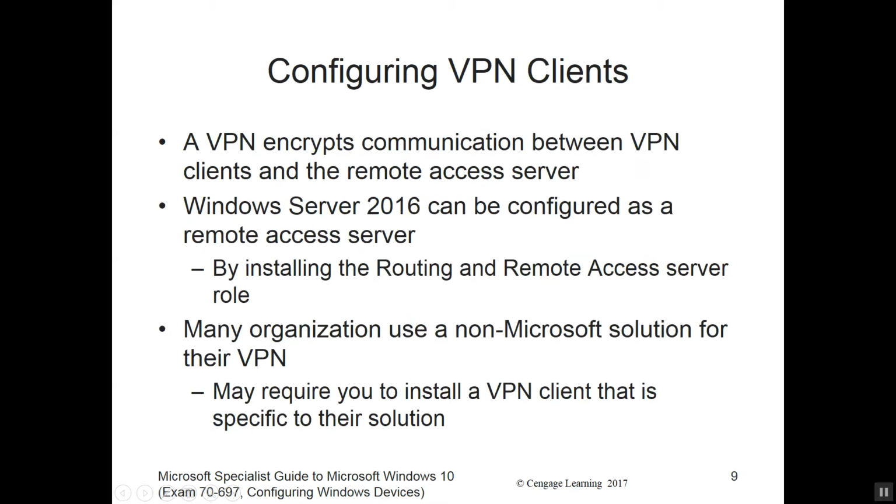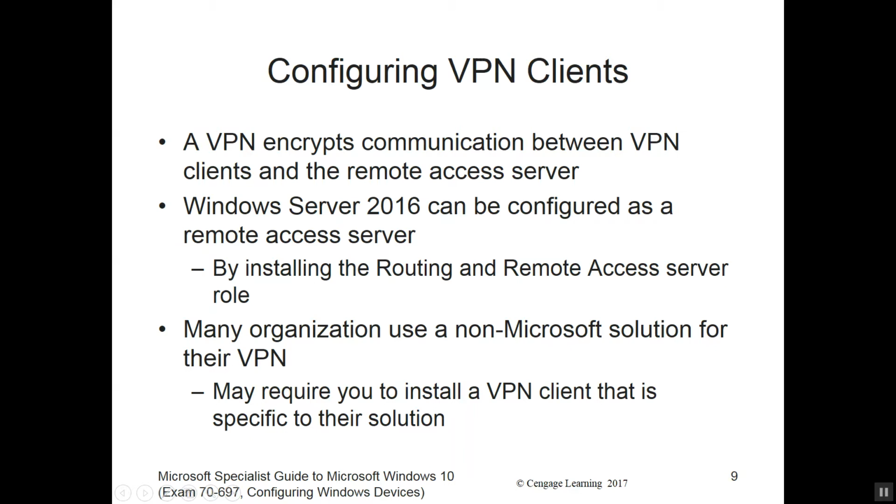And when we're configuring VPN clients, VPN encrypts communication between the VPN client and the remote access server. Windows 2016 can be configured as a remote access server by installing the routing and remote access server role. Many organizations use a non-Microsoft solution for their VPN.